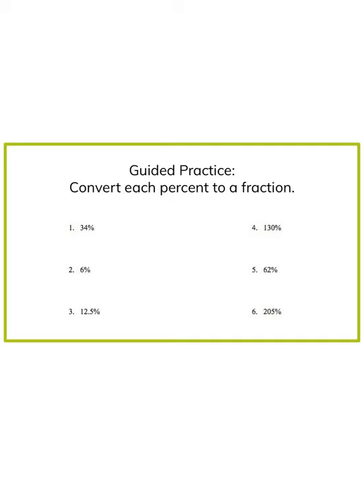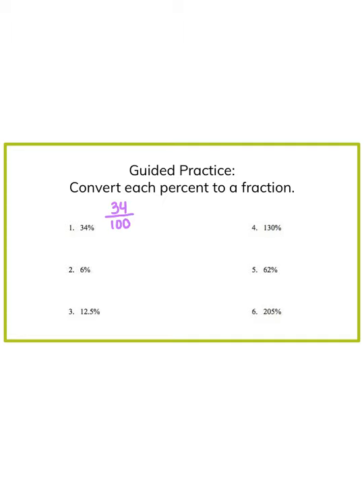Now we will complete some guided practice problems together. Our first guided practice problem shows 34%. We know that percent means out of 100. So I'm going to make my fraction 34 over 100. Now I have to simplify if possible.